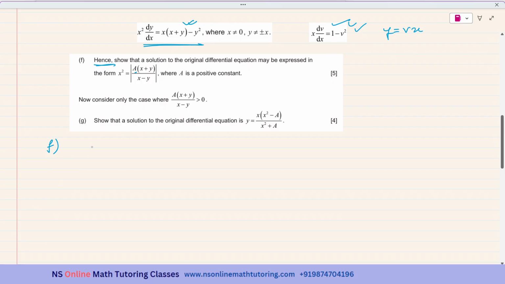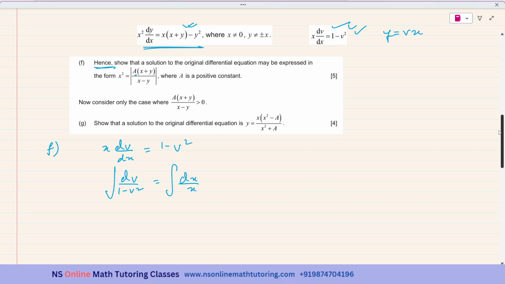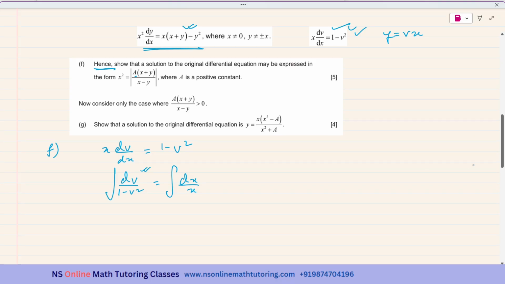Okay. So x dv dx is equal to 1 minus v square, and now I'll be separating the variables. So it is dv over 1 minus v square is equal to dx over x, and we will be integrating both sides.